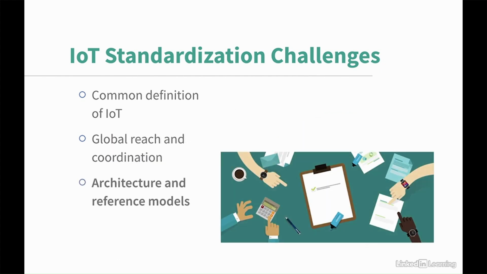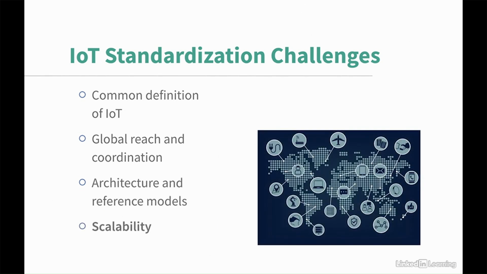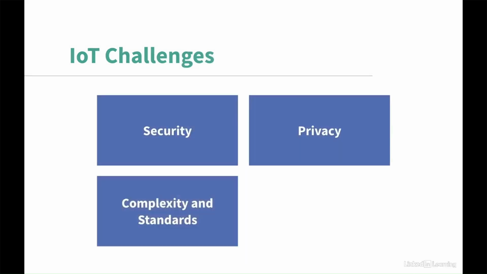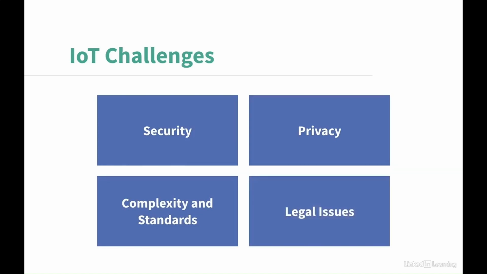Also, agreement on the architecture and reference models used within certain areas, like data transmission, energy, or transportation, is critical. Finally, scalability, which means that the developers of standards need to keep in mind that these standards can be applied widely to different regions. Security, privacy, complexity and standards, and legal issues.